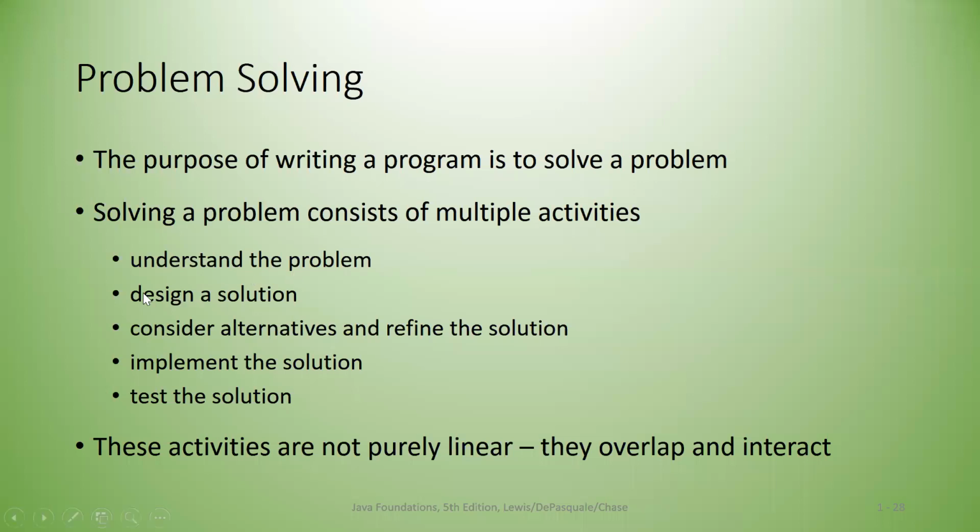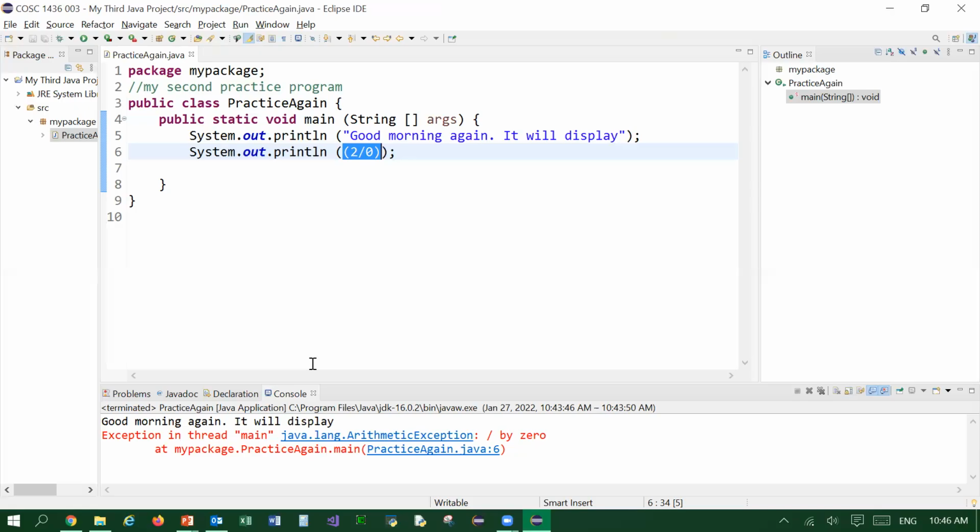Design a solution. I said, display something, and under this, good morning again will display. So you design your solution, you think, what statement should I use? Since I need to display something, I need to use this. That's the solution.